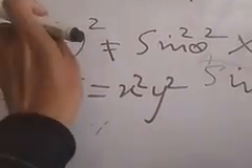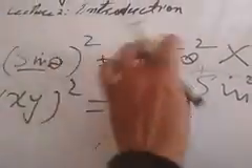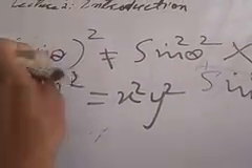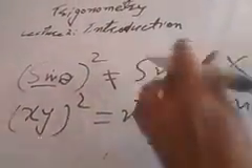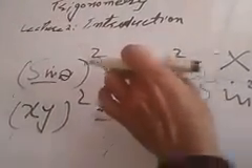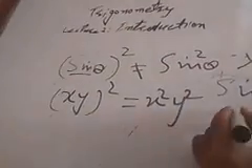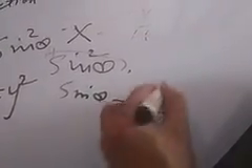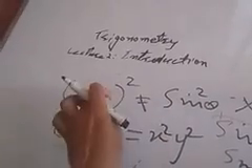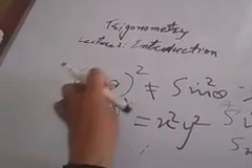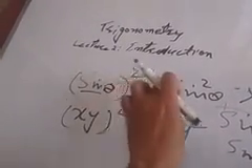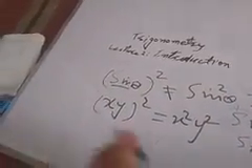So don't give square separately first to sine and then to theta. That is not correct. Sine theta equal to p by h, so sine square theta means the square of p by h. Don't confuse this with simple algebra, where you would square sine and theta separately. That is not correct.